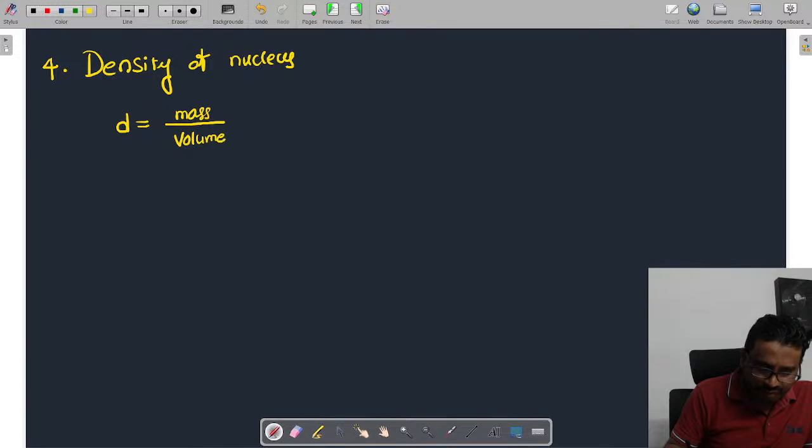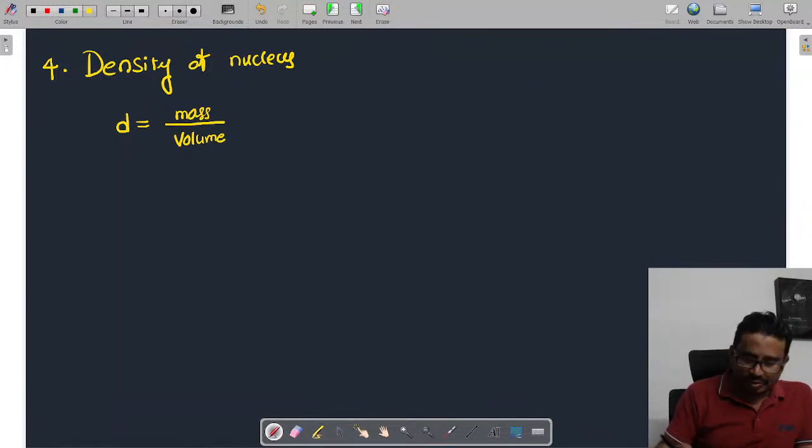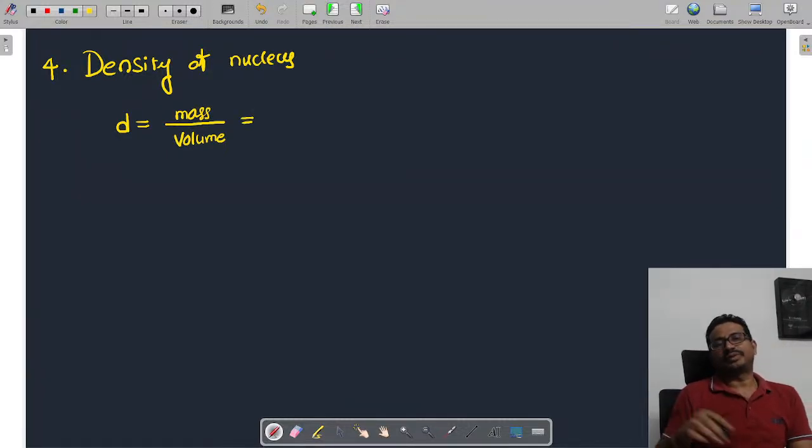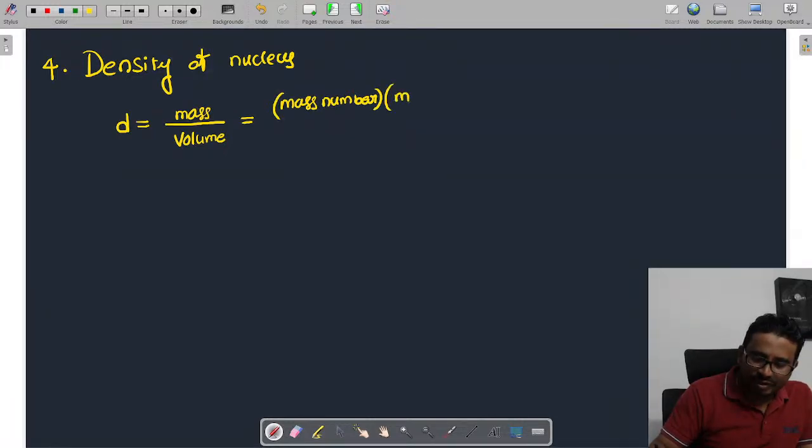Density is given as what? Mass by volume. So tell me, we are finding the density of a nucleus, which means mass of the nucleus by volume of the nucleus. So here mass, which we can write as what, tell me now here? Mass number into the mass of one particle.